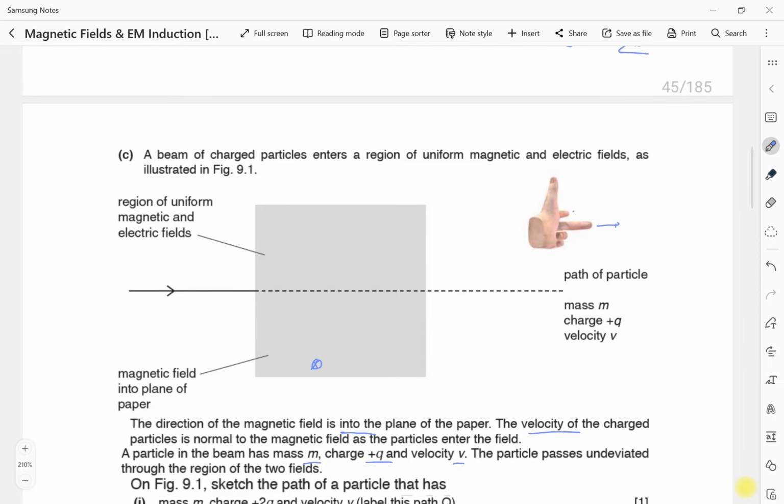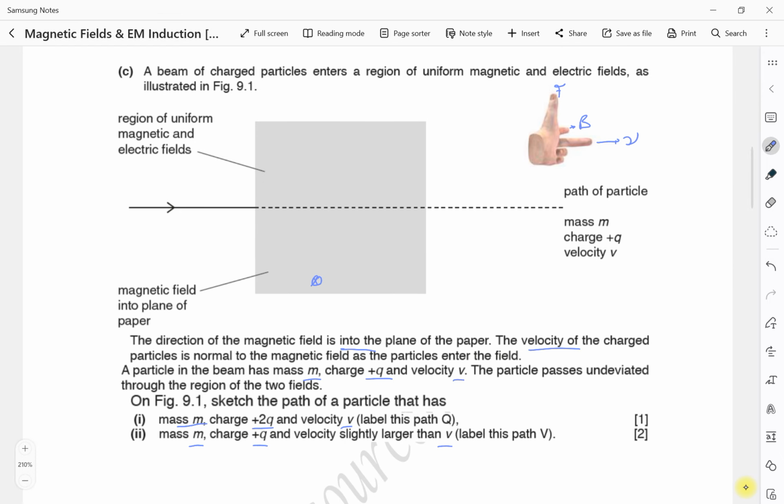First finger into the plane of the paper, that is into the field, into the page. The thumb points upwards, so the magnetic force is upwards. So the force is upwards, direction of the particle, velocity, then the direction of the magnetic field. So the magnetic force is upwards, which therefore means the electric force is downwards.